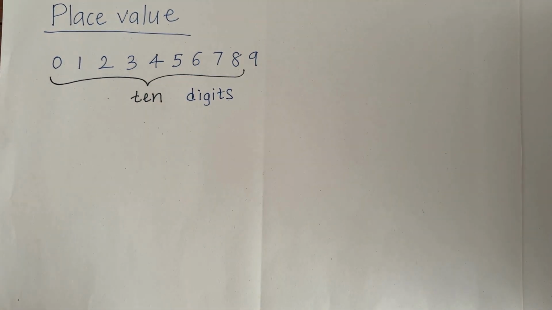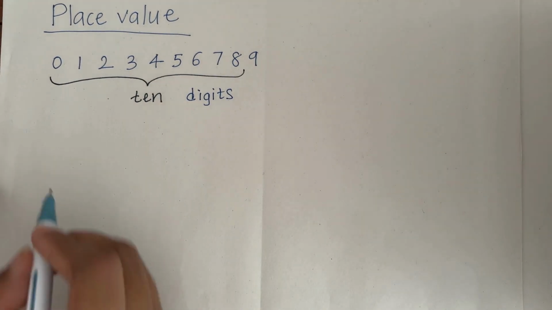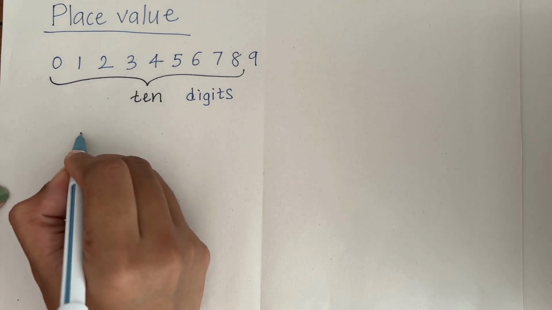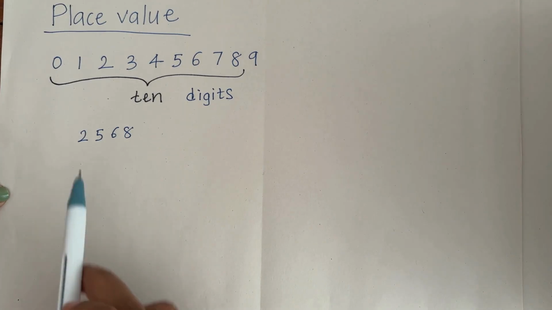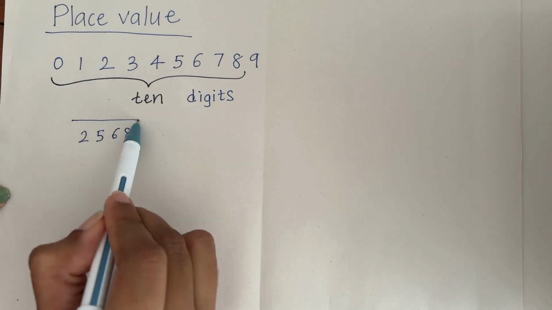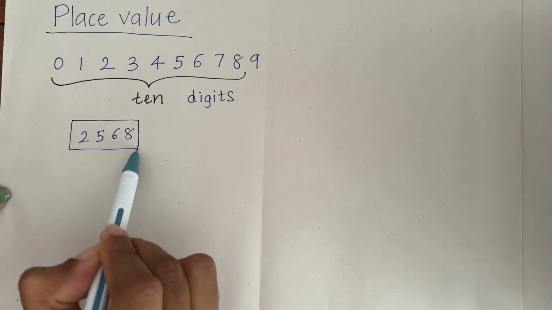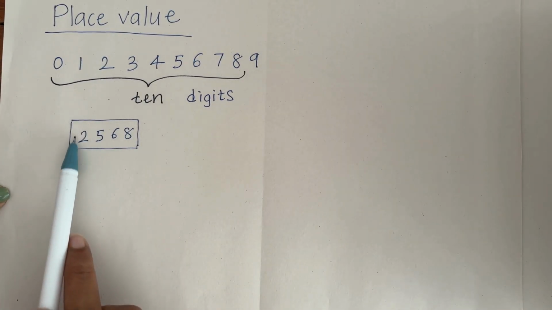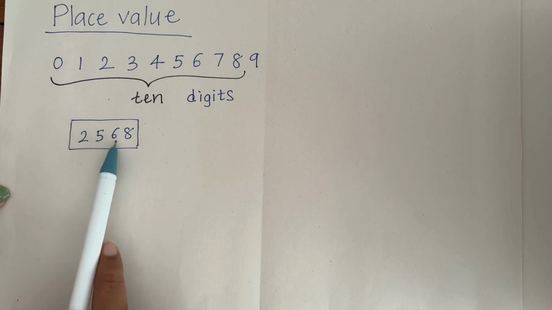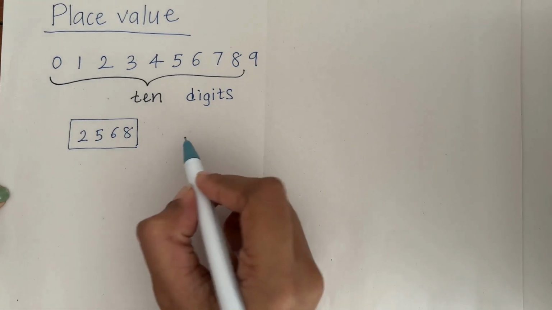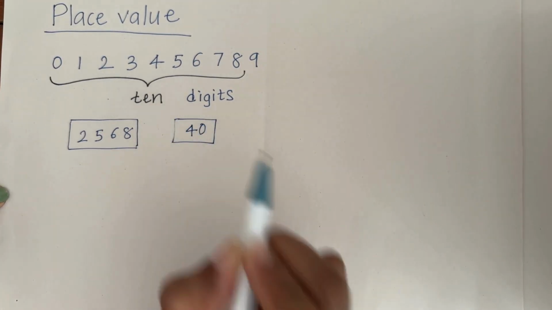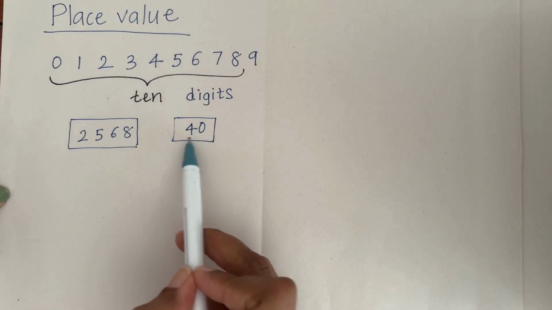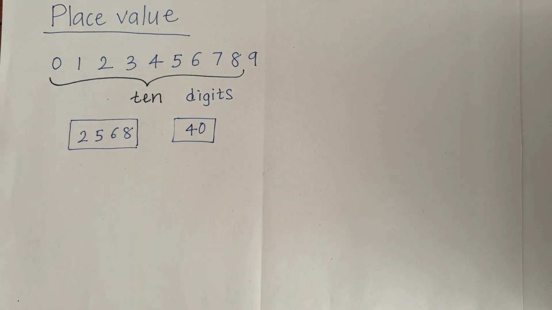Let's consider a number. In this number we have used the digits 2, 5, 6 and 8. If we consider 40, in this number we have used 4 and 0. So using digits we can write numbers.